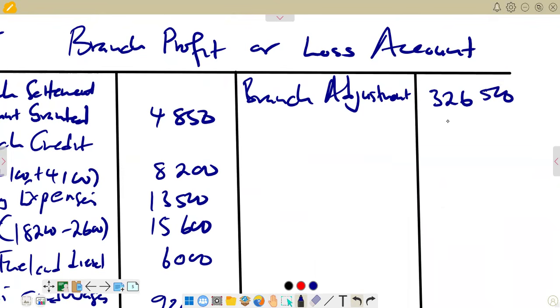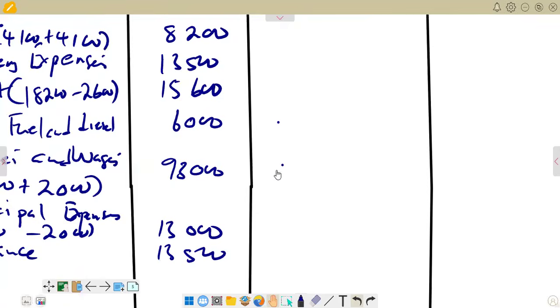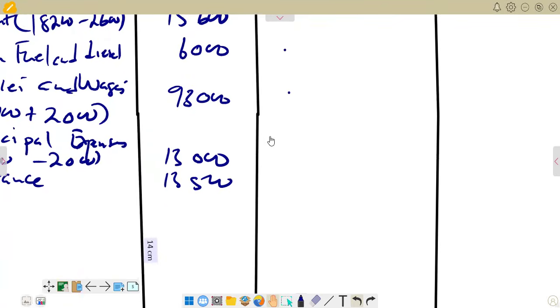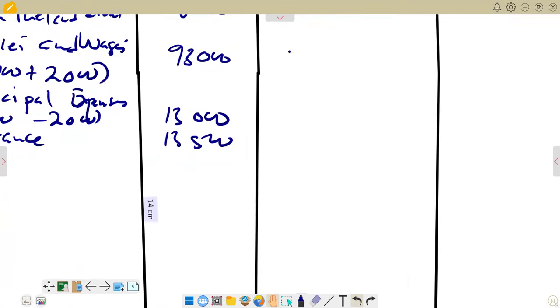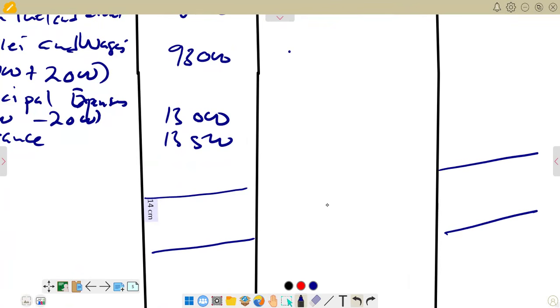So we now come here on the final part of balancing. We go down, put our double lines. So we leave space there so that we see which balancing figure we put.